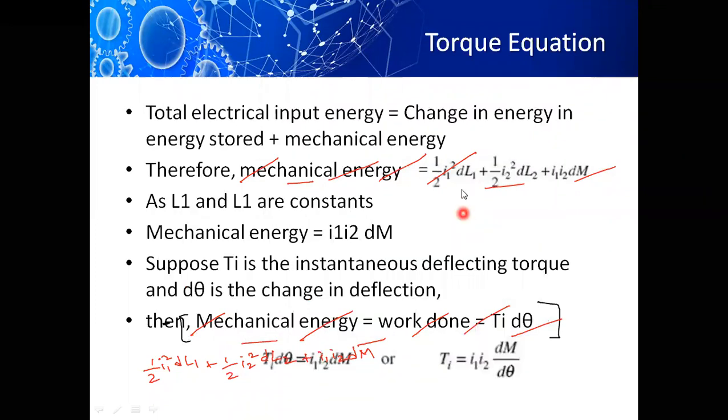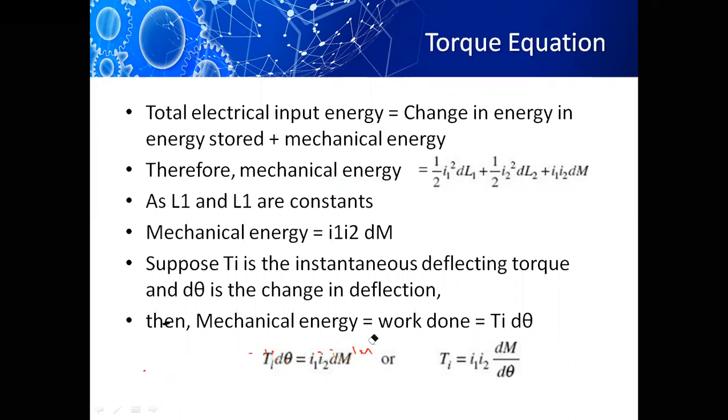So we have half, and here it is. We had half I1 square dL1 and half I2 square dL2 and plus I1 I2 dM. That is what we got when we simplify it.